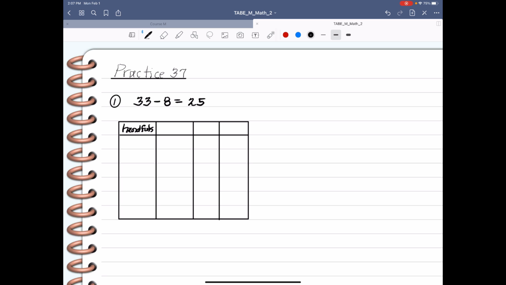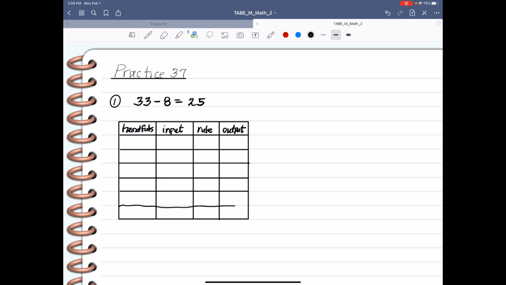Goodness, my handwriting is horrible, guys. I'm not sure that this is going to work for me. Input, rule, and output. You wouldn't think a screen cover would make that much difference, but this is really messing me up a little bit. Maybe I'm just not quite used to it.